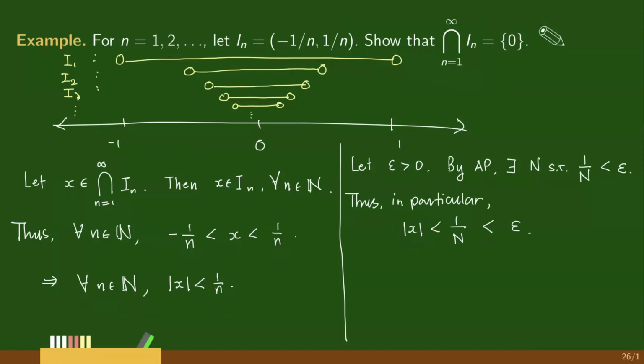If this is true, because epsilon is arbitrary, ano yung sabihin ng arbitrary? Imagine nyo, yung absolute value ni x ay mas maliit sa kahit na anong positive na number. Anong masasabi nyo sa absolute value ni x? Sige nga, dugtungan nyo what will be the conclusion.